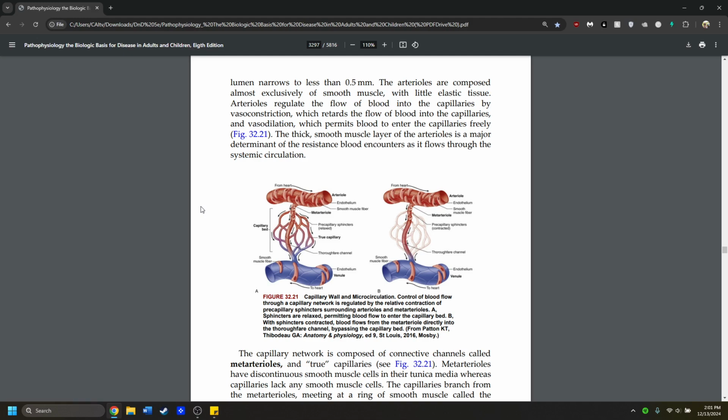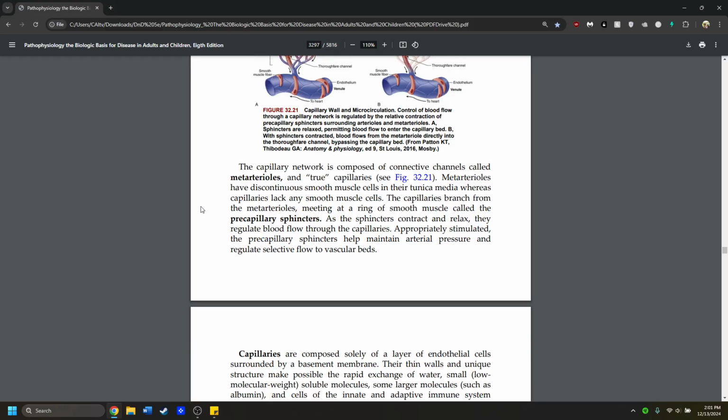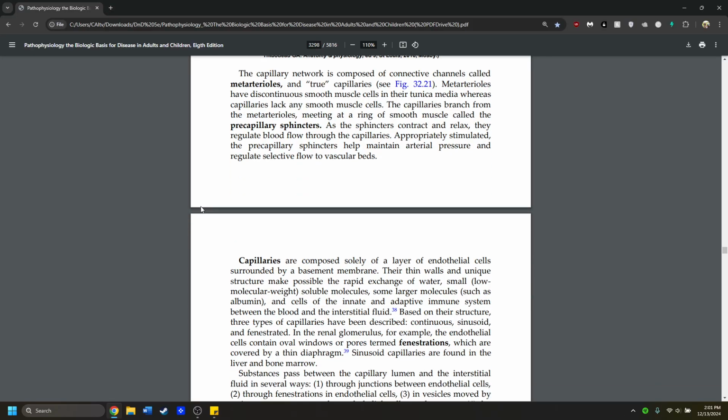through the systemic circulation. The capillary network is composed of connective channels called metarterioles and true capillaries. Your metarterioles have discontinuous smooth muscle cells in the tunica media, whereas capillaries lack any smooth muscle cells.